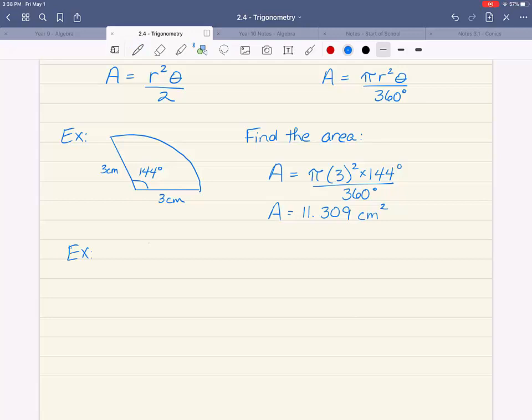Now let's do another one. I'm going to give a sector that looks like this. My angle here is 1.6 radians. Notice it doesn't have a degree symbol, so I know that it's radians. And my radius is 18 centimeters.